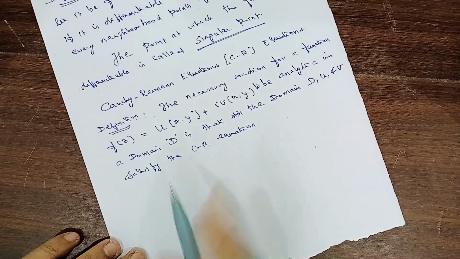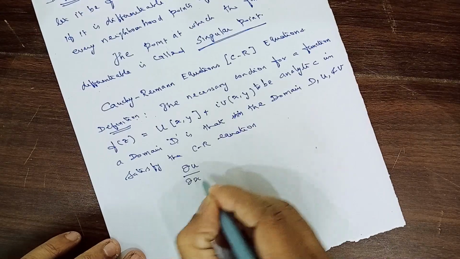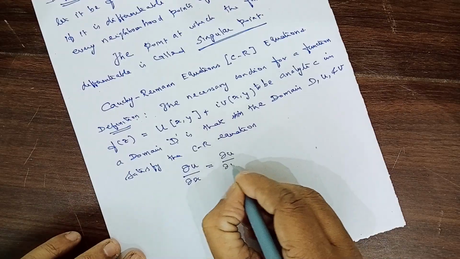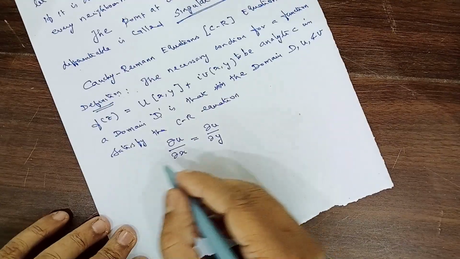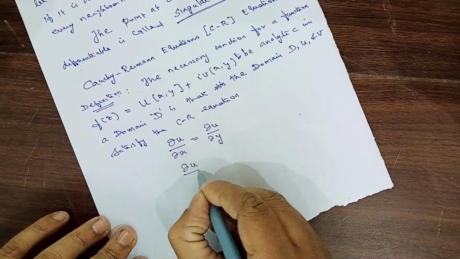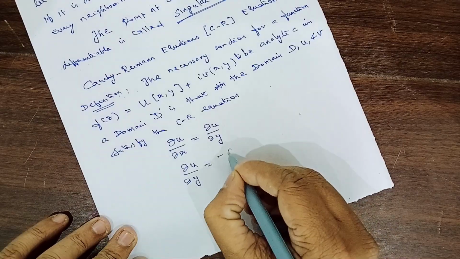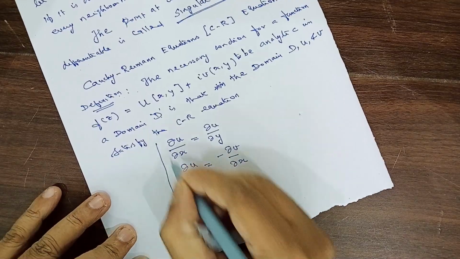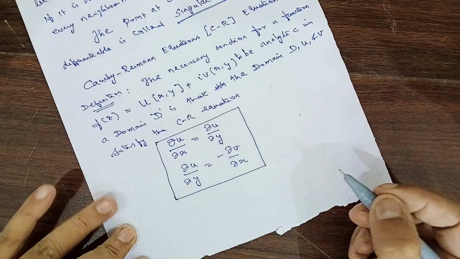What is the equation? Dou u by dou x is equal to dou v by dou y. This is the first Cauchy-Riemann equation. Another one is dou u by dou y that is equal to minus dou v by dou x. These are called the Cauchy-Riemann equations.